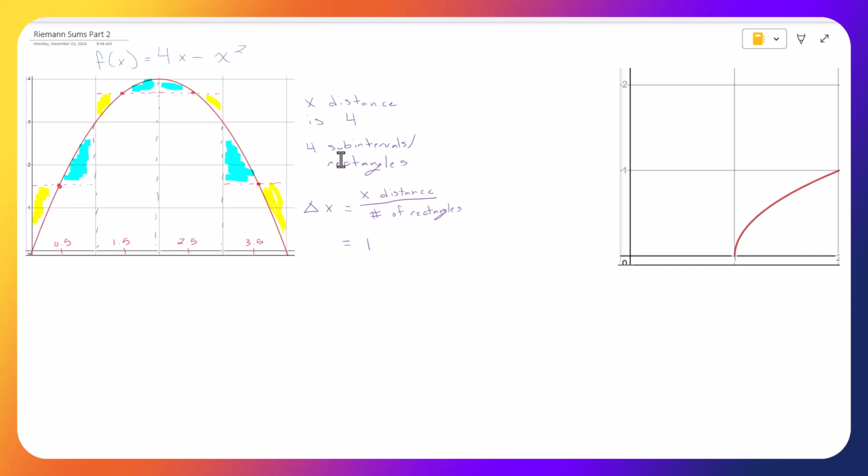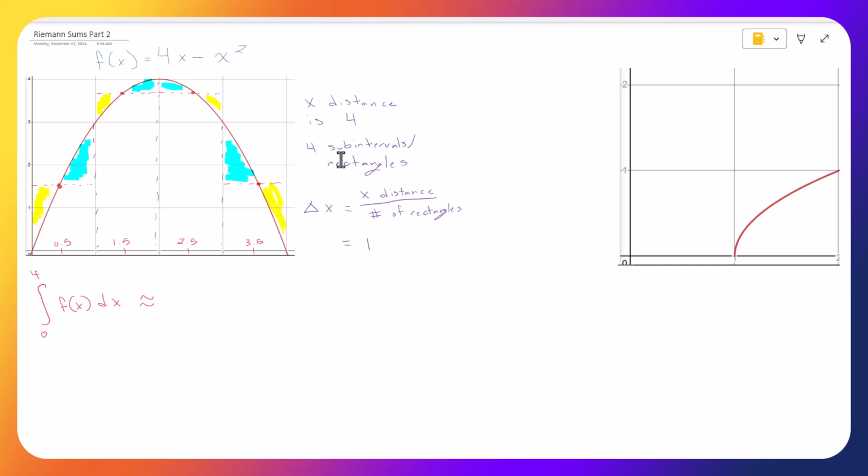Okay. And now we are trying to approximate the area under the curve. We're not finding the area under the curve, we're approximating it. So we are approximately doing the integral from 0 to 4 of our function. We're approximately doing this.